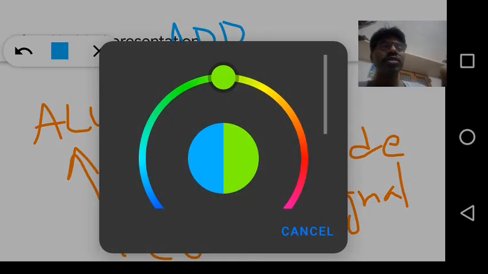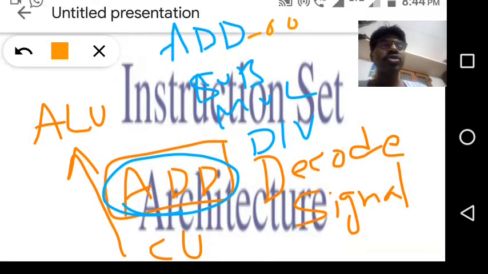So let's take an example: add, subtraction, multiplication, division. Add is 0 0, subtraction is 0 1, this is 1 0, this is 1 1. So 0 0, 0 1, 1 0, 1 1. Add is 0 0. This is the control signal.